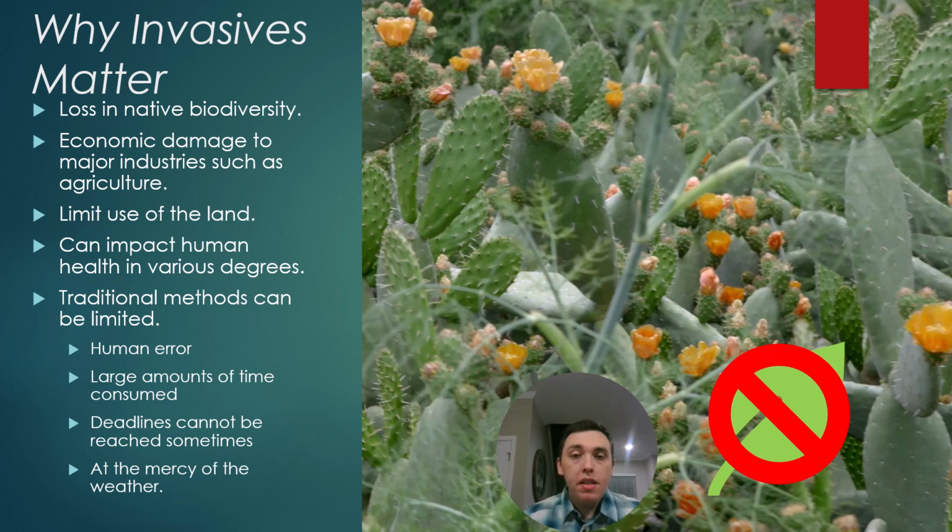The traditional methods of monitoring and controlling invasive species can be difficult and limited. Human error is always a constant, but with plants it can be exacerbated through easily misidentifying different plant species because of their similarities or being unable to spot them in dense areas.